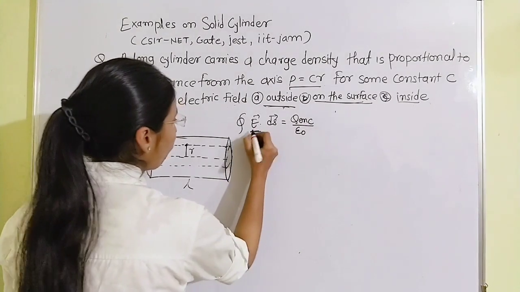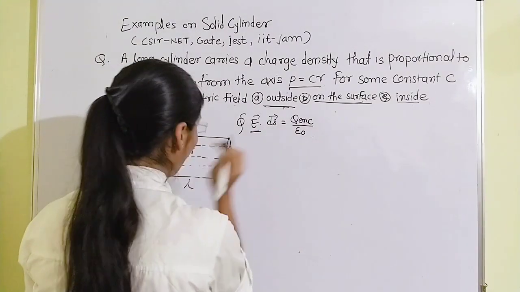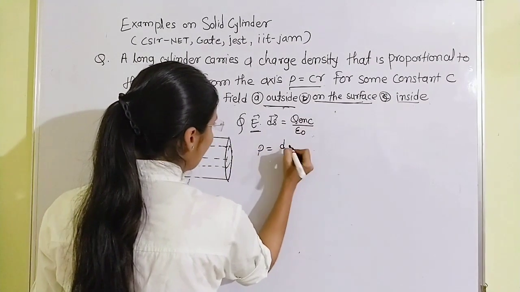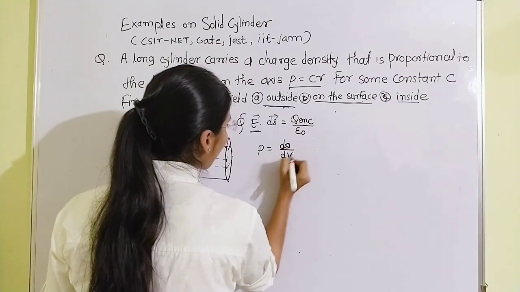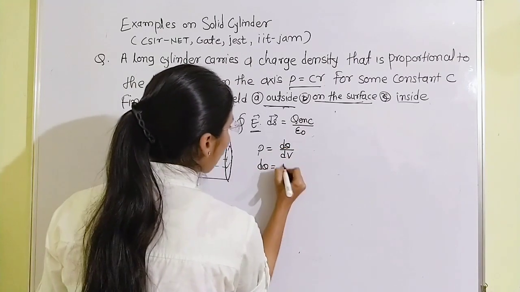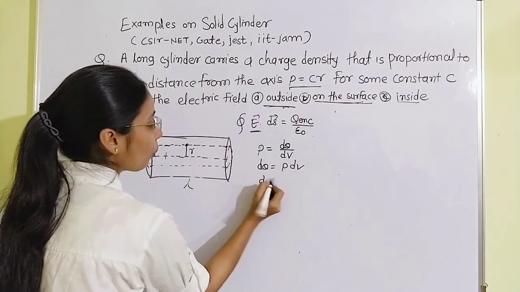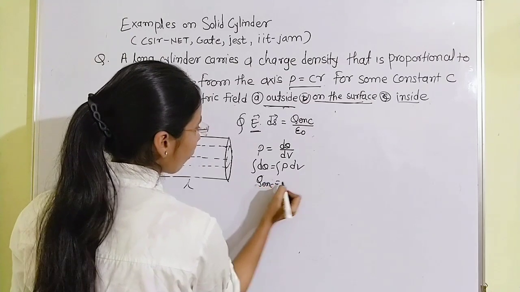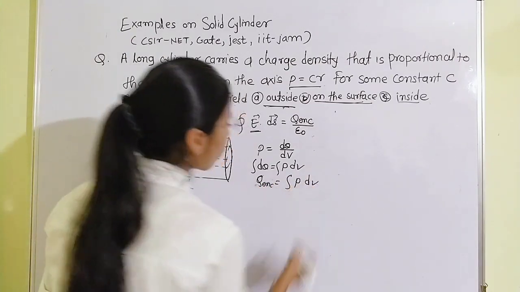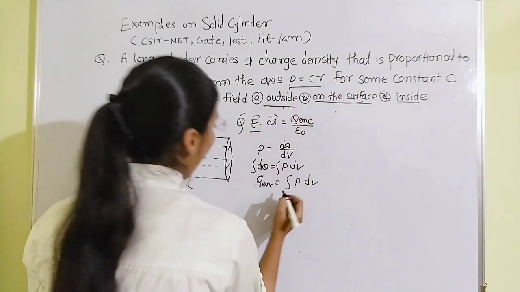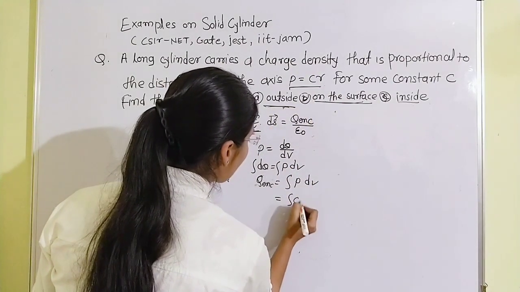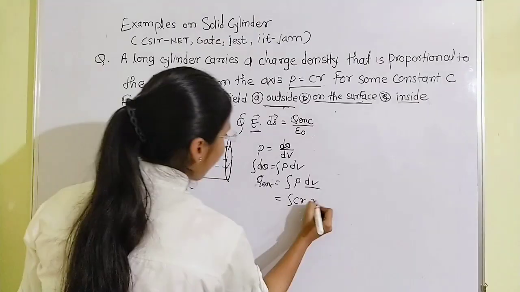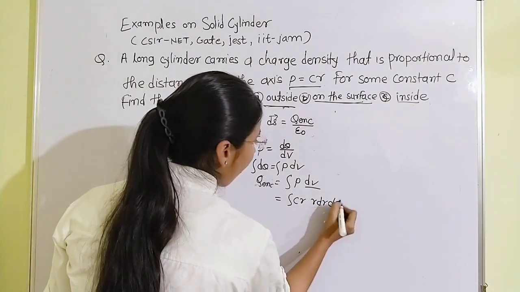So here we use the integral form of the Gauss law. Rho is dq by dv, so dq is equal to rho into dv. So Q enclosed is equal to integral rho dv. This rho is C into R, so we put this value here: integral C R, and the dV for the cylinder is R dr d phi dz.